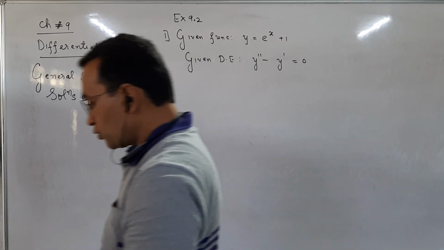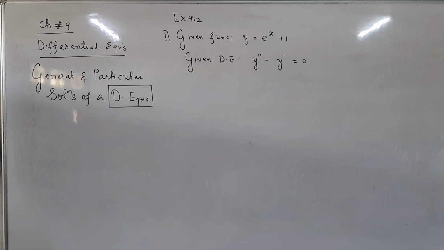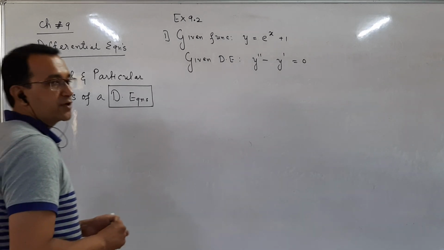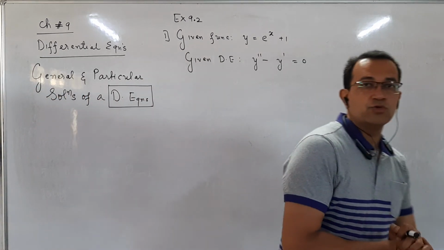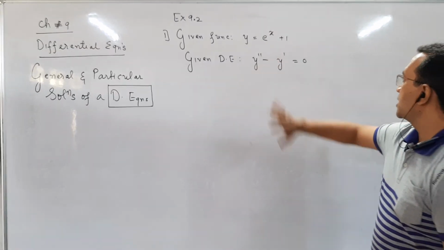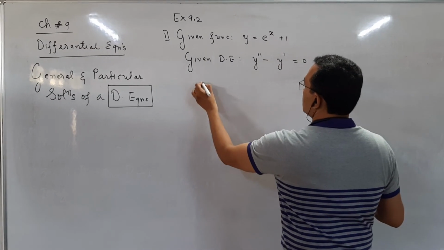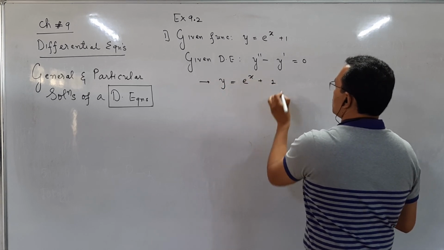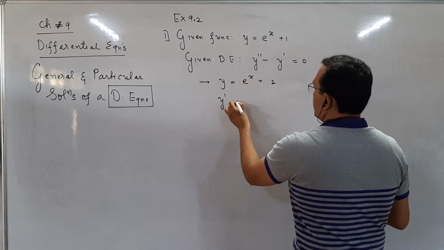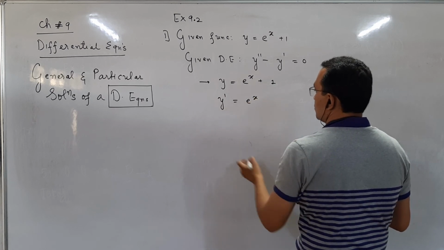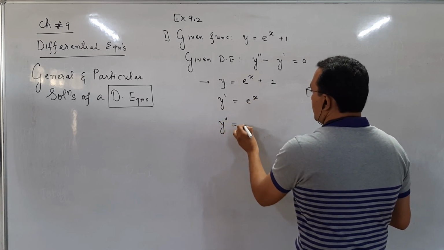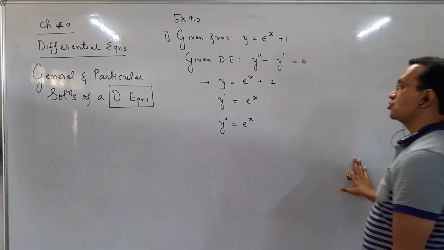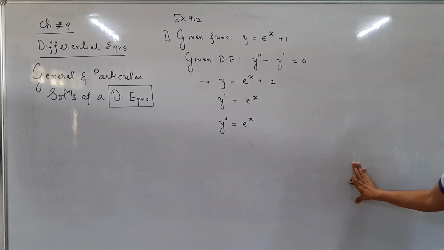Students, we are to verify that the given function is a solution of the differential equation. What will I do? I will find the derivatives required. So I start with the function y is equal to e raised to x plus 1. So y dash will be e raised to x, and y double dash will also be e raised to x.